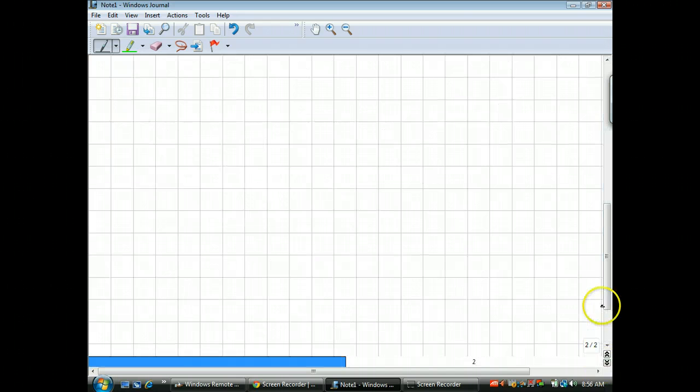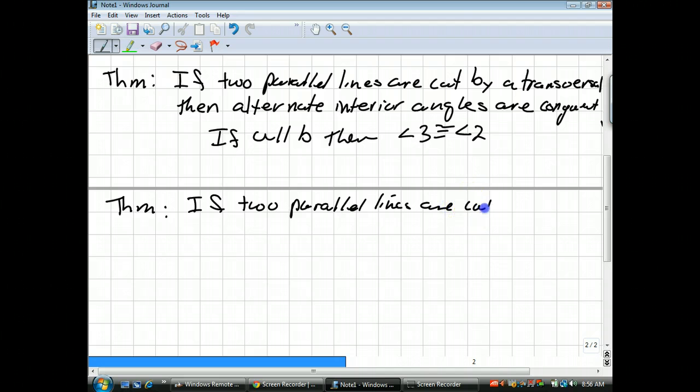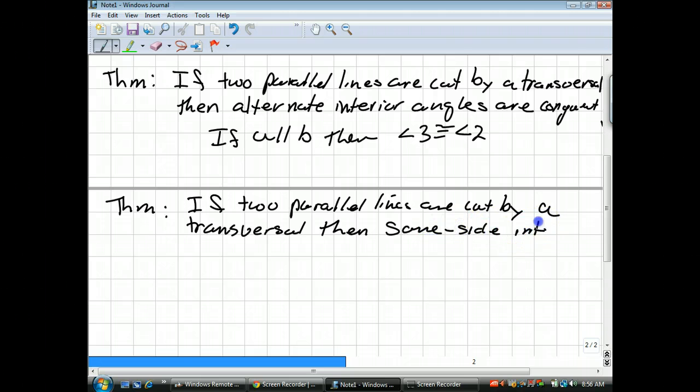And then our third theorem says if two parallel lines are cut by a transversal, then same side interior angles are supplementary.